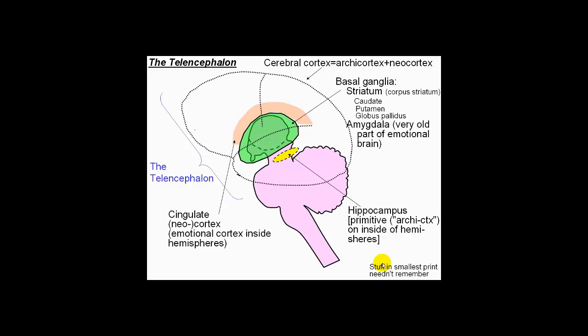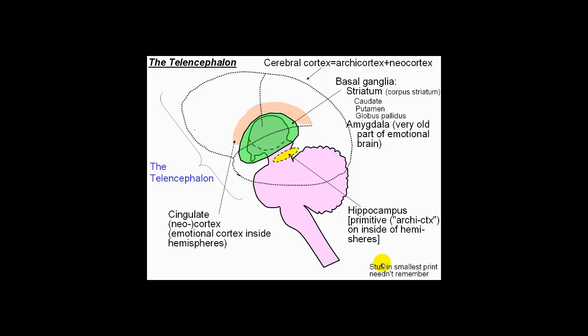Then, as we go beyond that, we have the cortex, and the cortex has two parts. It has an old cortex and a new cortex. The cerebral cortex is the archicortex plus the neocortex. The archicortex evolved first, and what happens with the vertebrate brain is things keep getting added on top.